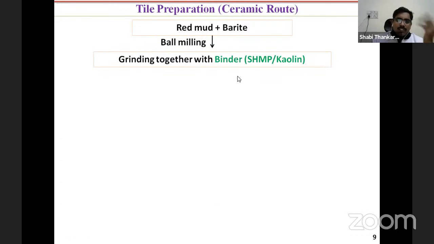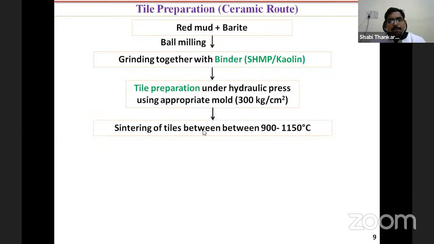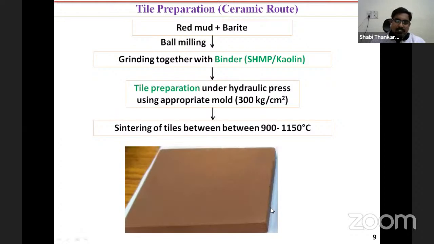And then we used various binders like sodium hexametaphosphate, kaolin, and dextrin, which are commonly used. Either we dissolve the binder in water, depending upon the binder property. Then we made the tiles by applying 300 kg per centimeter square pressure. Then we fired the tiles between 900 to 1150 degrees Celsius, and we got such a tile.